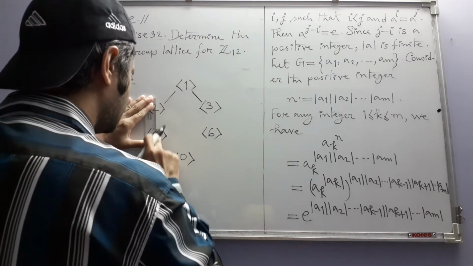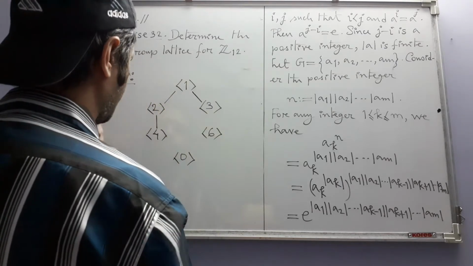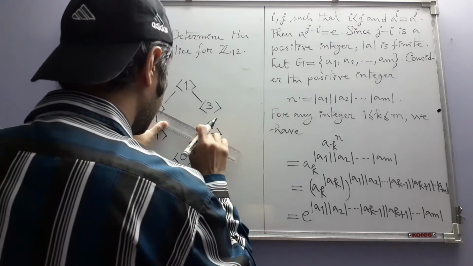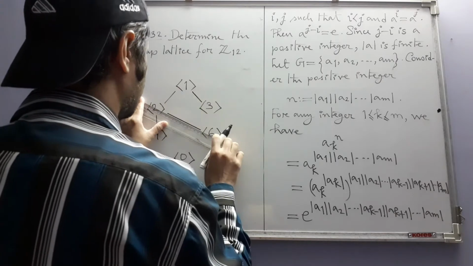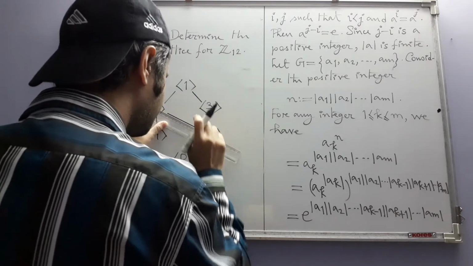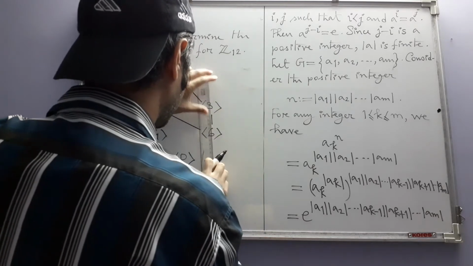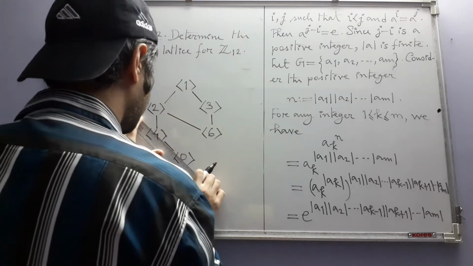Then this is a subgroup of this. Like that, this is also a subgroup of this. At the same time, this is a subgroup of this. And the trivial group, of course, is a subgroup of everything.